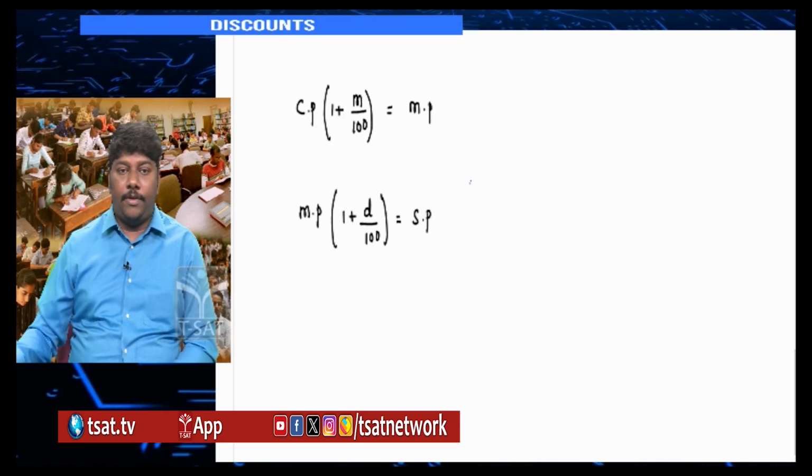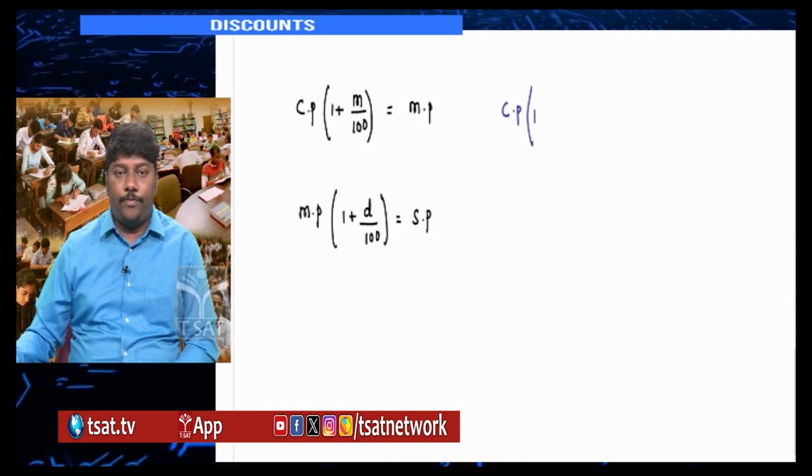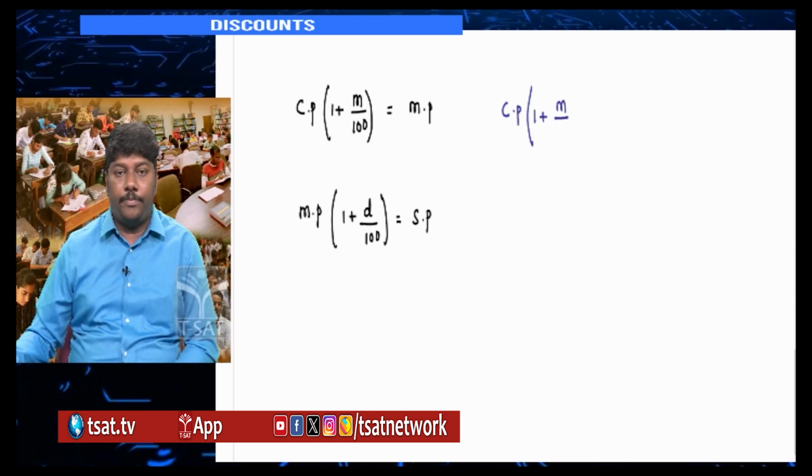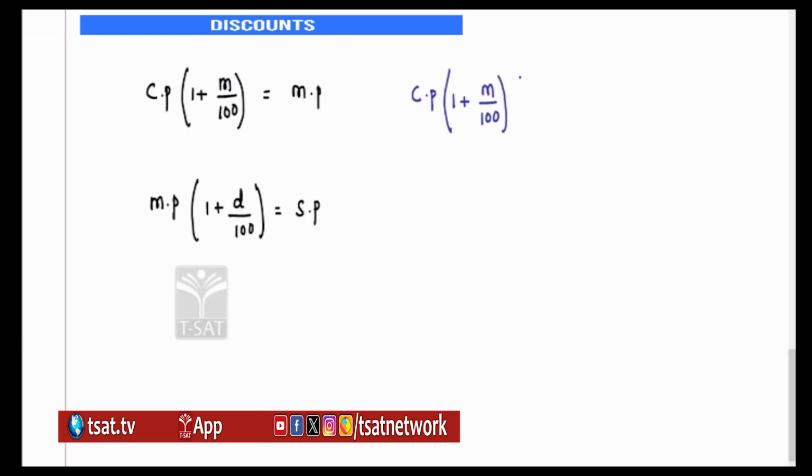From CP to SP, if I wish to write it directly, CP you are increasing by 1 plus M by 100, and in MP's place you substitute this, so it will be times 1 minus D by 100 because it is discount. You are increasing it by M percentage, decreasing it by D percentage. You get SP.